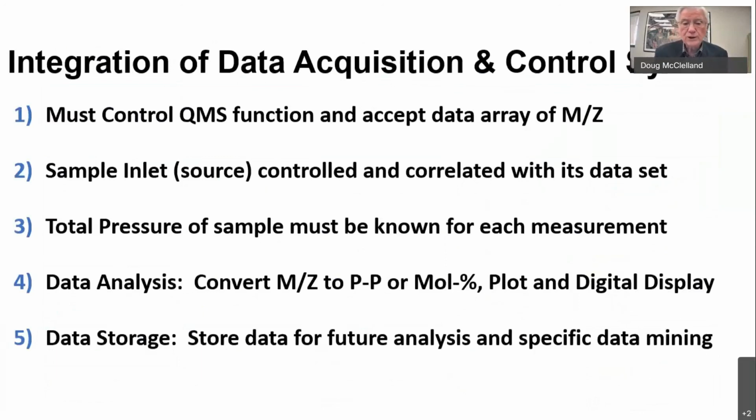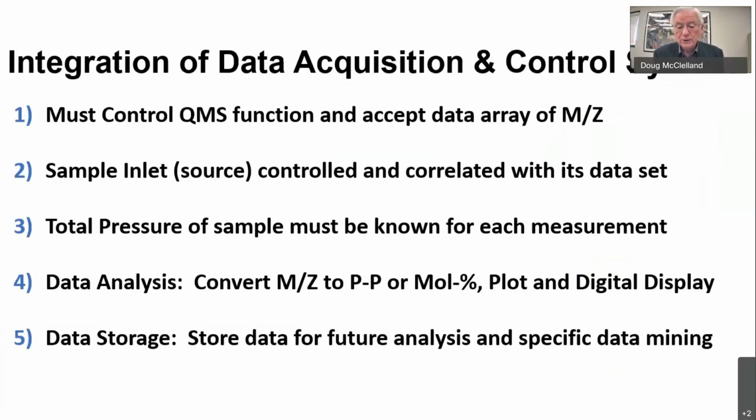So a data acquisition and control system controls the mass spec's functions, gathers the data, stores the data. It has a sample inlet that it controls and correlates the data with the data set so that you know what's going on in a particular location or environment.